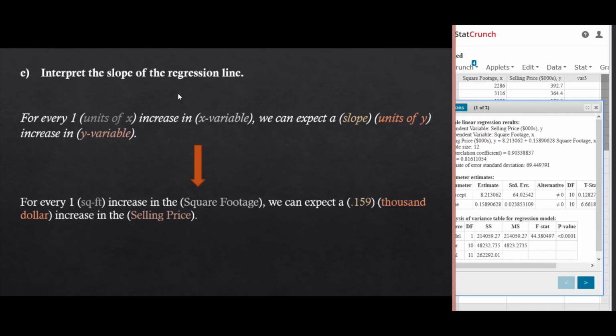The basic format for a positive slope is, for every 1 unit increase in our x variable, we can expect a slope, units of y, increase in our y variable. So for our example, our answer here would be, for every 1 square foot increase in the square footage of a house, we can expect a $159,000 increase in the selling price of that house.